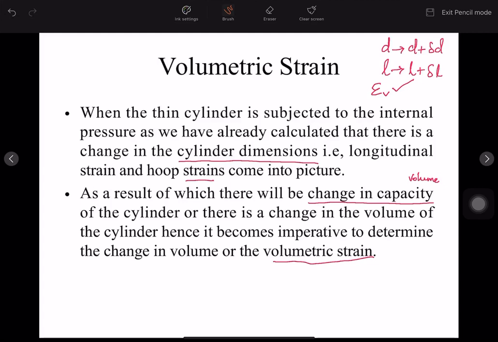As it is a continuous process, you need to measure the changes in the dimensions and also the volume to know the exact capacity or the limits of the cylinder, that is, how much strain it is undergoing. Such things we need to take care of.